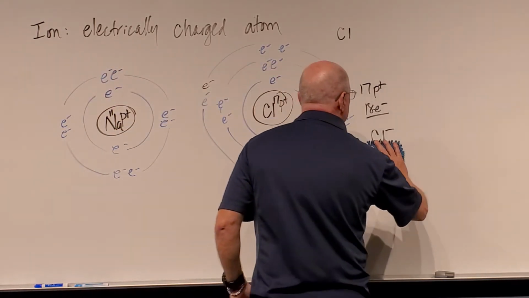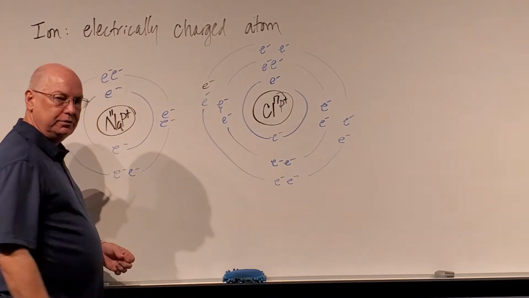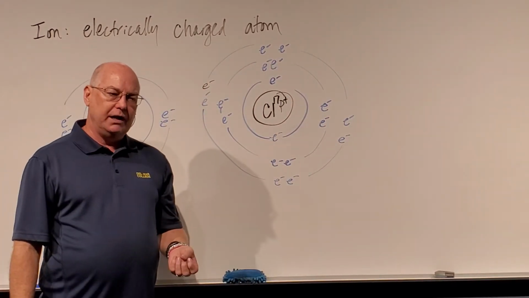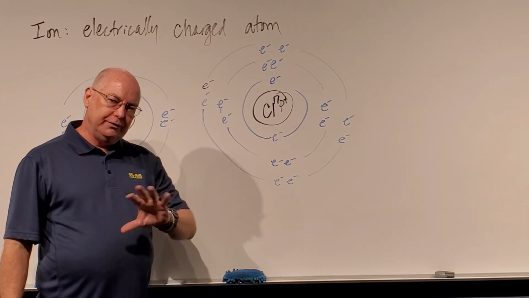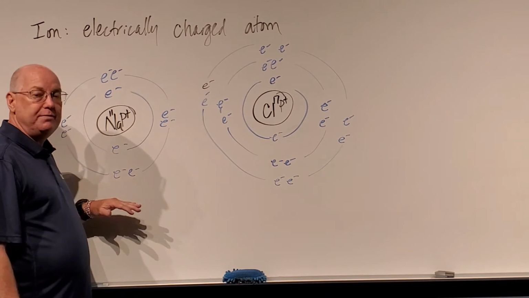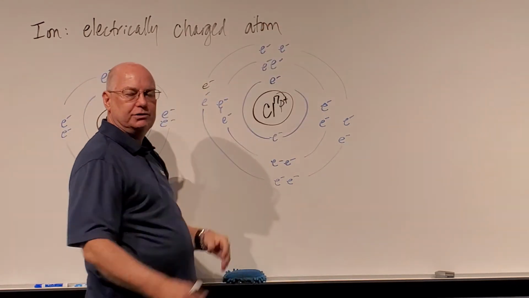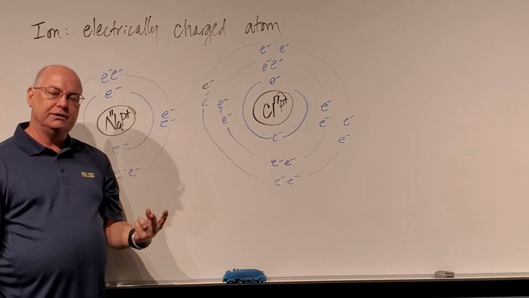Well, some atoms can ionize, and we can look at the valence orbital and we can predict if it will ionize. And usually, for reasons we're not going to discuss, if there's only 1 electron or maybe 2 electrons in the outermost orbital, it'll give those electrons off and gain a positive or 2 positive charges.